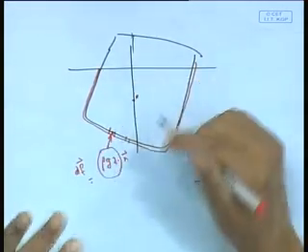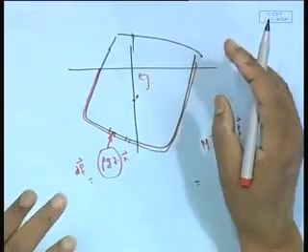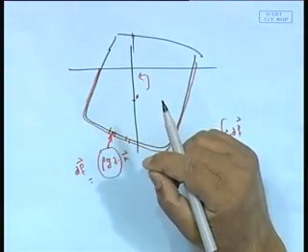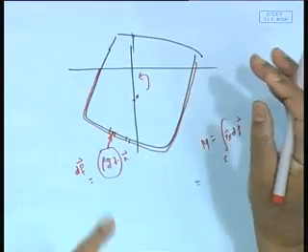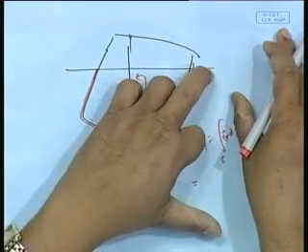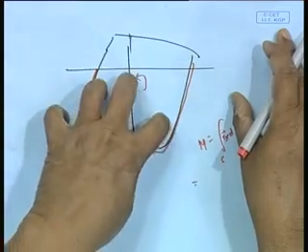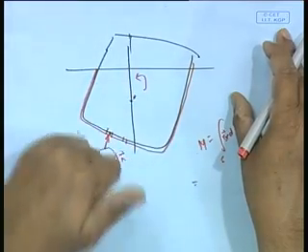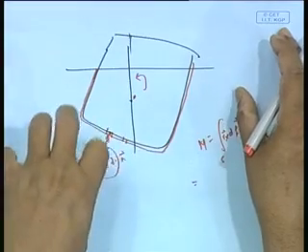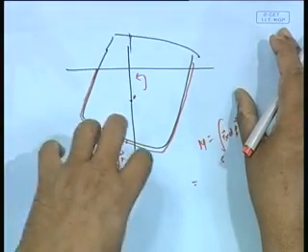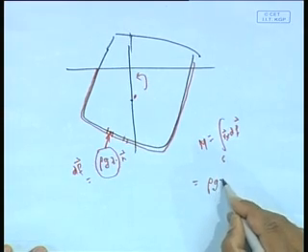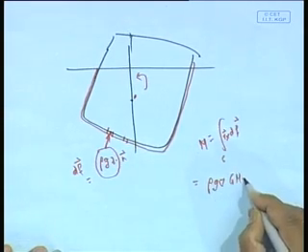Then I found that if the moment is in this direction, it will tend to reduce theta. We have never talked about this line, but essentially that is what we have done. I displaced the hull, then found the external fluid pressure acting on it, which happens to be rho g z. The net result comes out to be rho g V into GM_T into theta.